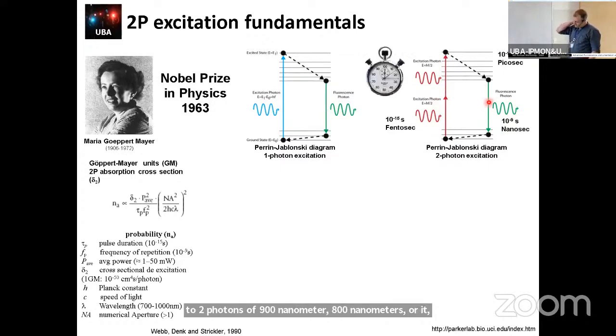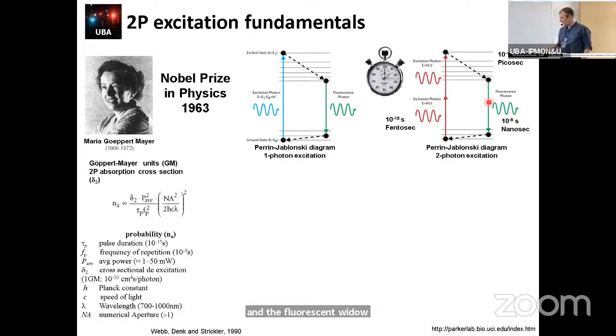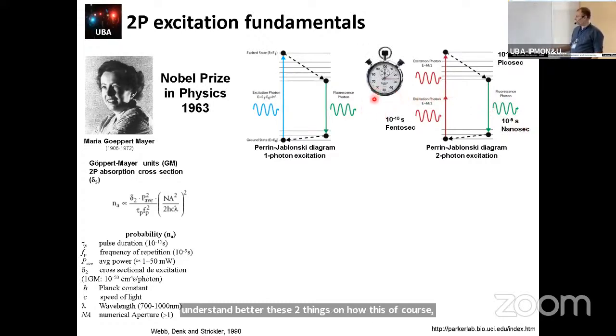But to better understand how this occurs, we need to take into account time and space. And why is it important? Well, the excitation occurs on the femtosecond time scale, right?